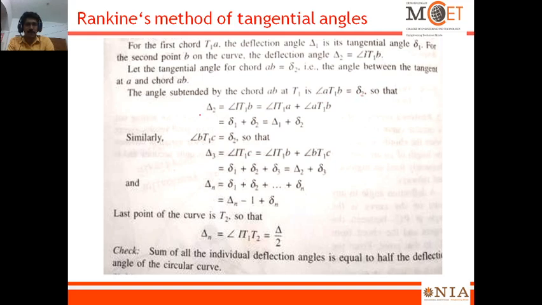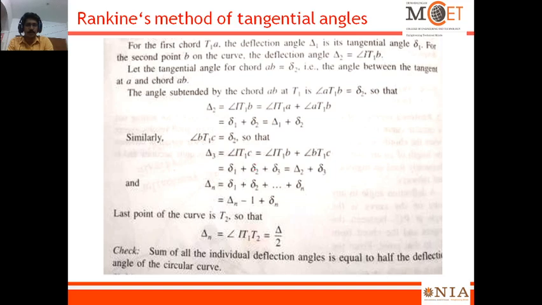So that this capital Del 2 is equal to angle IT1B, which is IT1A plus AT1B. It's a summation of del 1 plus del 2, which is equal to capital Del 1 plus small del 2.